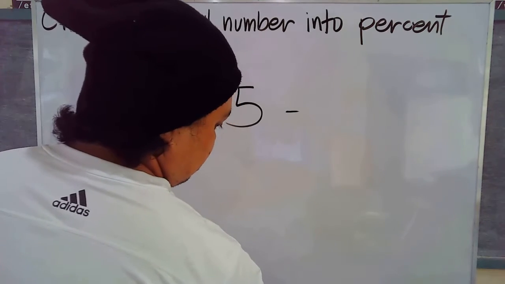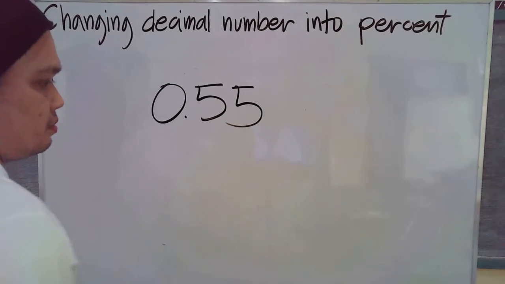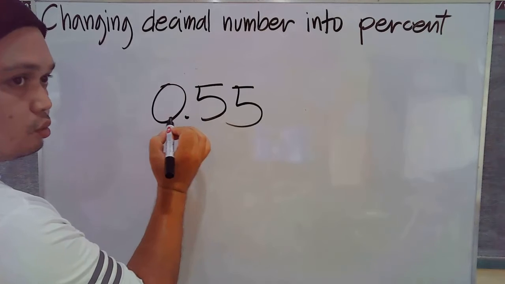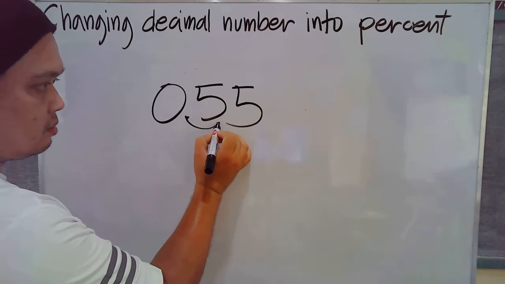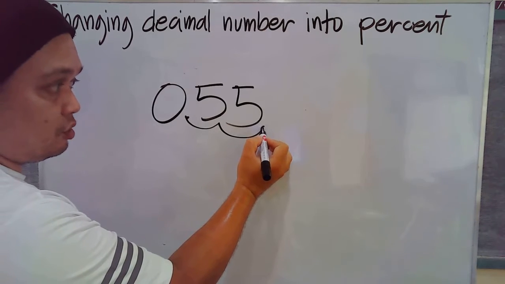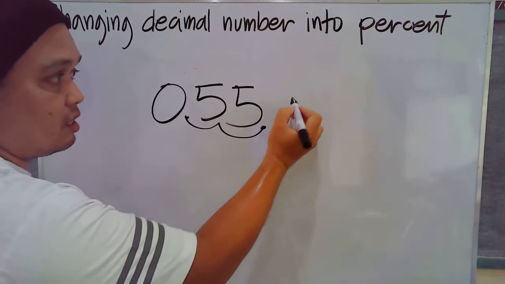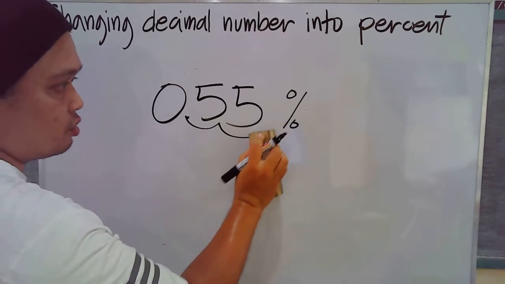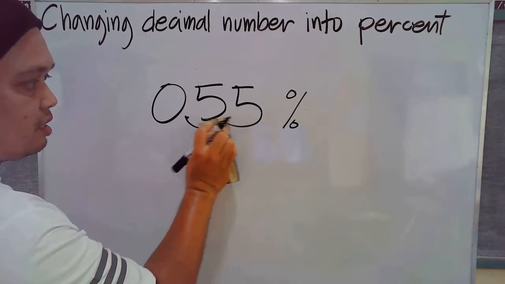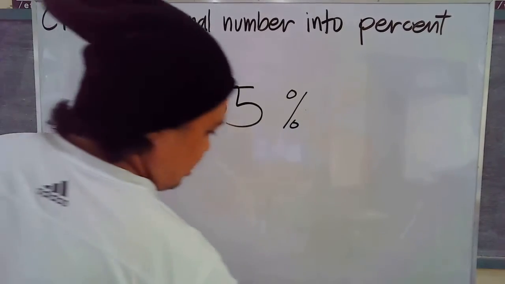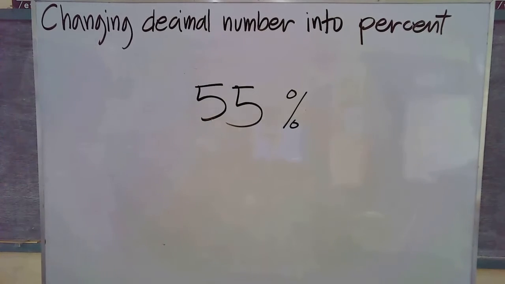So from here, 2 units to the right: 1, 2. We have to drop this point and change that into percent. So our answer will be 55%. That's how you change a decimal number into percent.